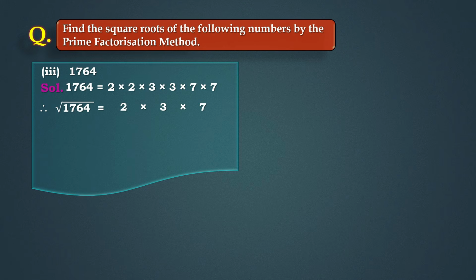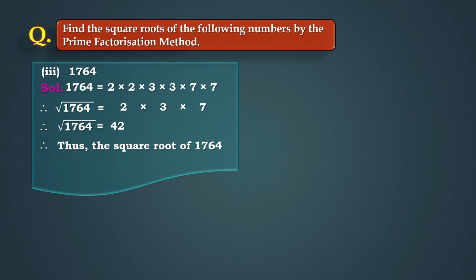So, the square root of 1764 is equal to 2 multiplied by 3 multiplied by 7. Now, multiply them. 2 multiplied by 3 is 6, and 6 multiplied by 7 is 42. Therefore, the square root of 1764 is 42. Practice more examples like this to become confident in using the prime factorization method.